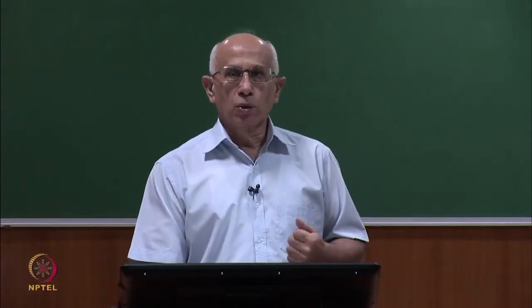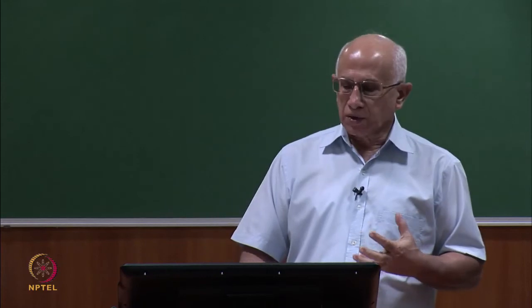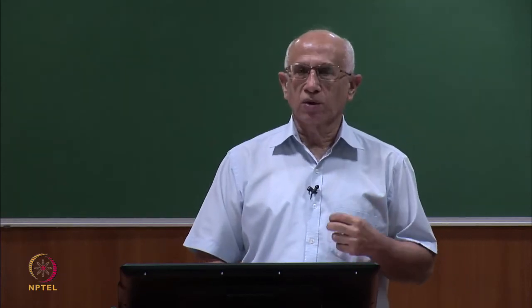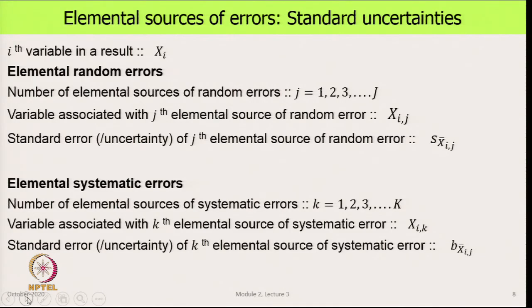To do that, we look at a measurement and start looking at all the elemental sources of errors and say, I will calculate the standard uncertainty associated with each elemental source of error. We are looking at the ith variable xi as before, i equal to 1, 2, as many parameters as there are in the experiment.